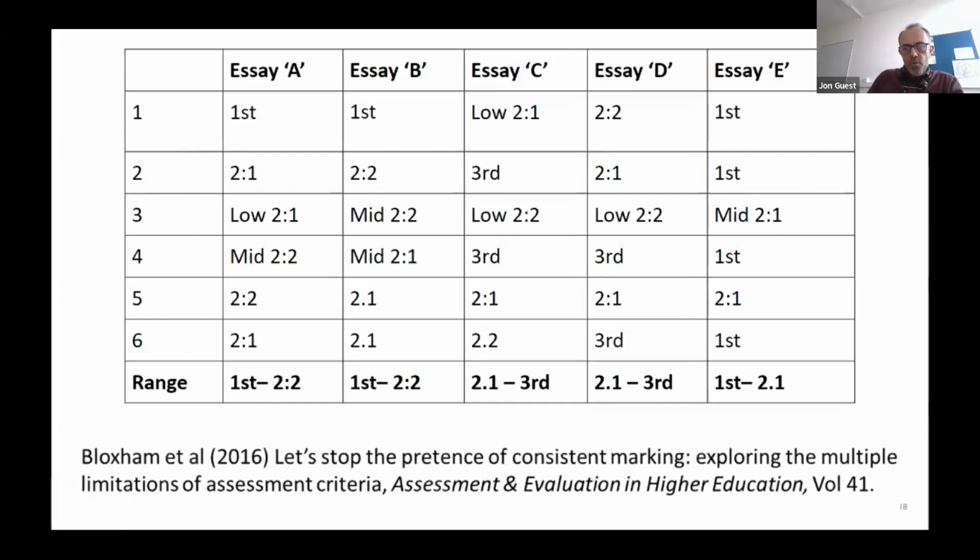The important thing to stress about those 6 individuals is they all had at least 20 years of experience of teaching and grading in higher education in the UK, and they had all acted as external examiners. So these were very experienced people, and they were given quite detailed assessment criteria, and they were asked to mark these essays.